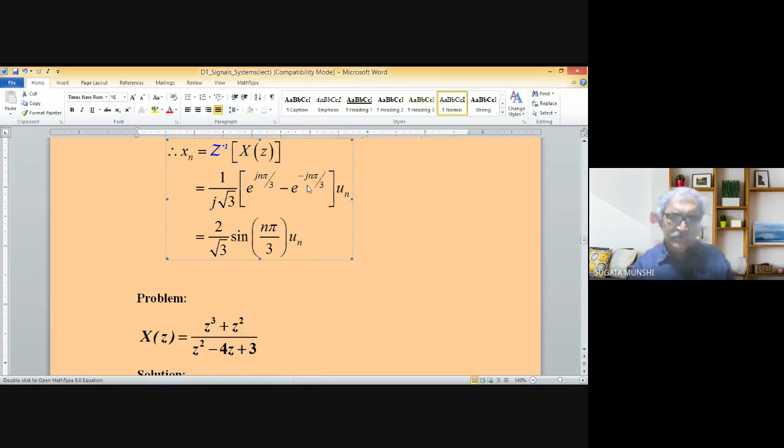Similarly, for that case, it will be minus 1 by j root 3 e to the power minus j n pi by 3 u(n). So you combine these two ultimately to land up with a sinusoidal sequence, a causal sinusoidal sequence.